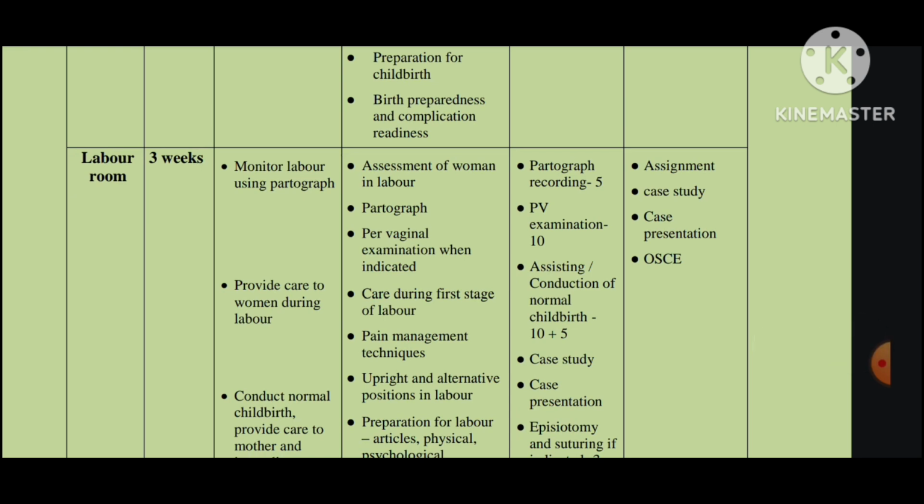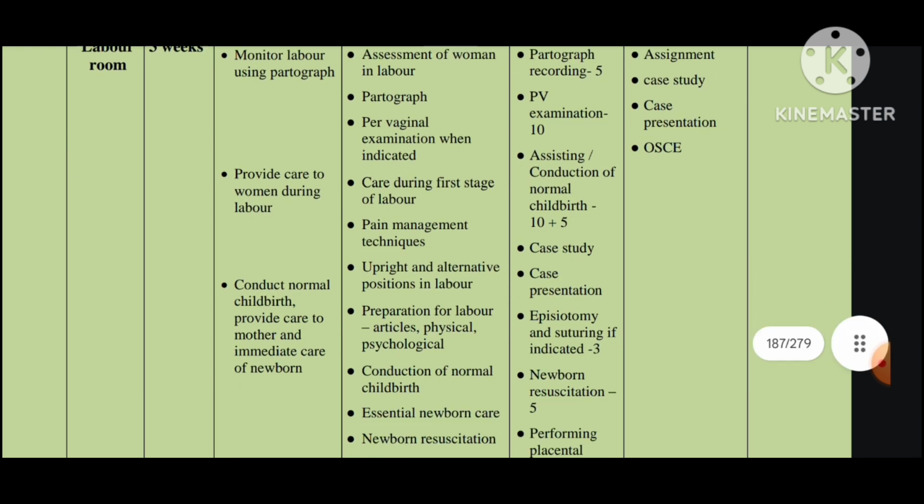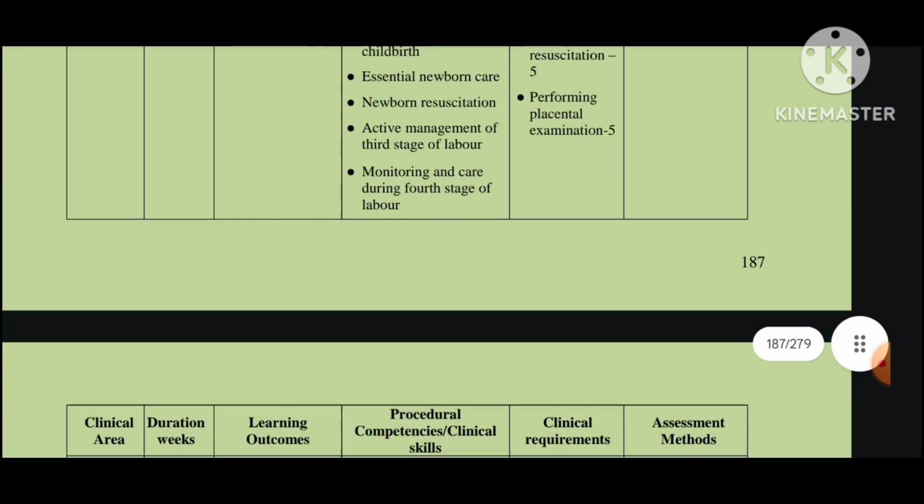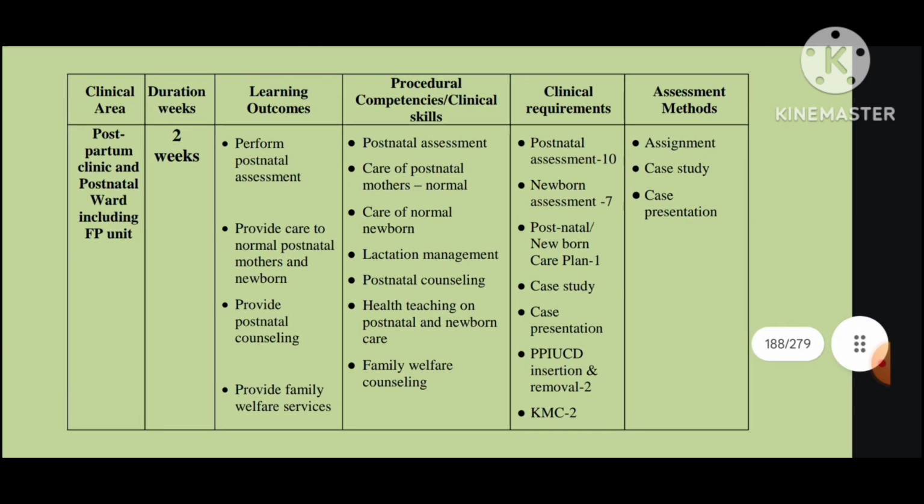You are supposed to do partograph recording of 5 patients, PV examination of 10 patients, and assist in conduction of normal birth. Then you have postpartum clinic and postnatal ward, including 2 weeks posting. So that's all about the 6th semester subjects.